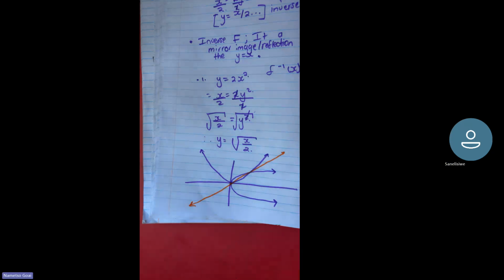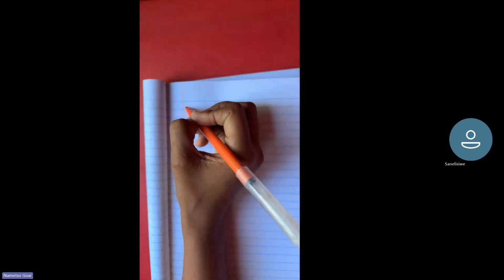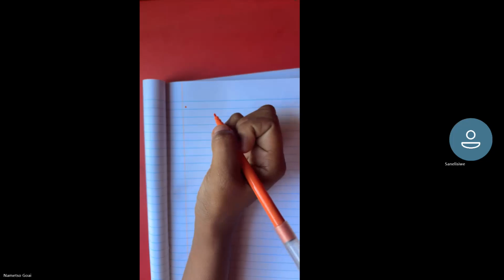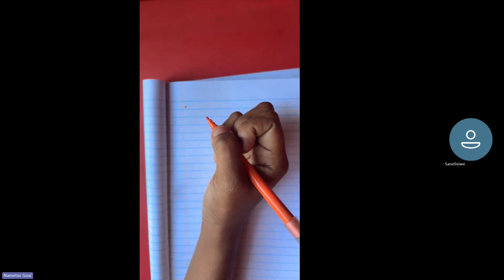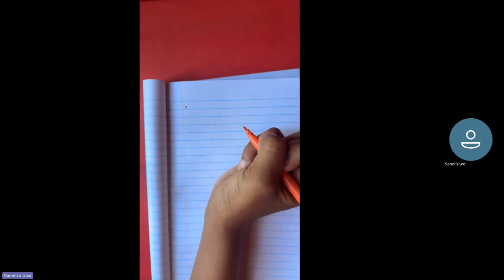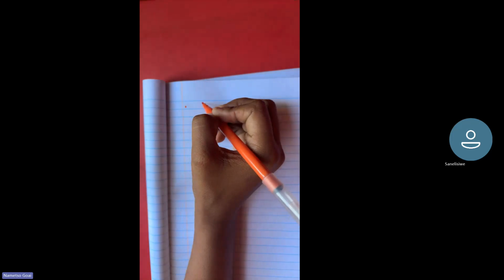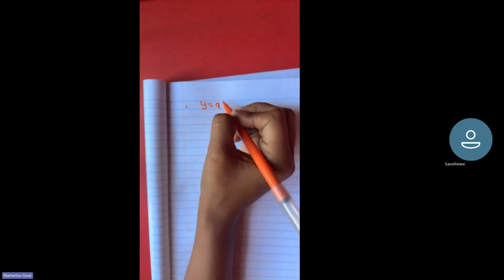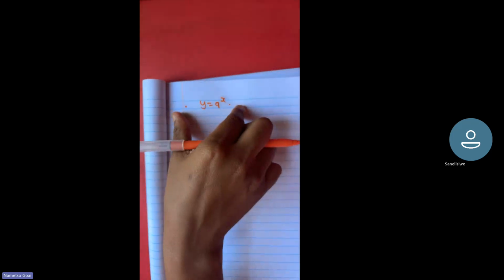Okay, great. Same way, let's say you have an exponential function. Let's just put the general form of an exponential function. If you have y equals a to the power x, this is your exponential function.